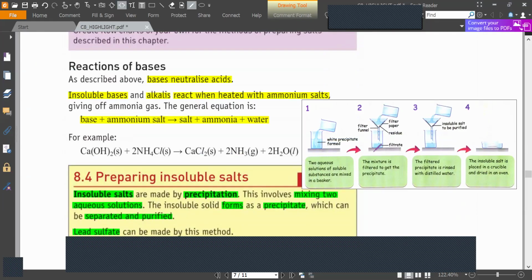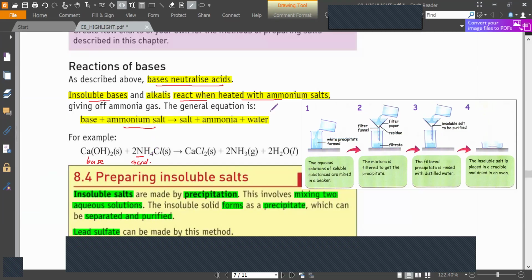Reaction of bases. This is another example. Bases neutralize acid. Insoluble base or alkali reacts when heated with ammonium salts. This is another, more unusual reaction. So this is the base, and this ammonium salt is actually an acid.